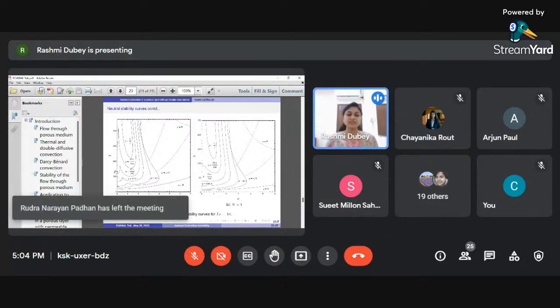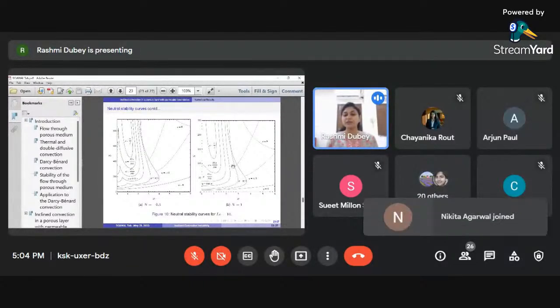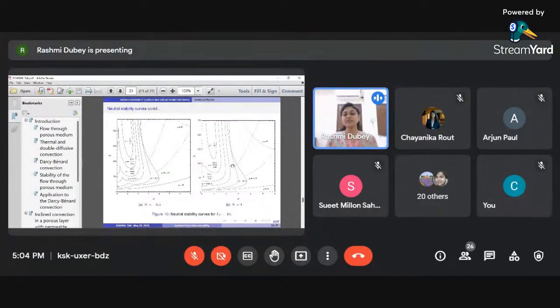So these branches correspond to oscillatory instability. Since it is in the primary branch, it is also represented by a solid curve, but they correspond to oscillatory instability, which is not the case in the aiding buoyancy case. So for any value of Lewis number, whether the thermal diffusivity is more intense than the solutal diffusivity or not, the aiding buoyancy case is the same all the time.